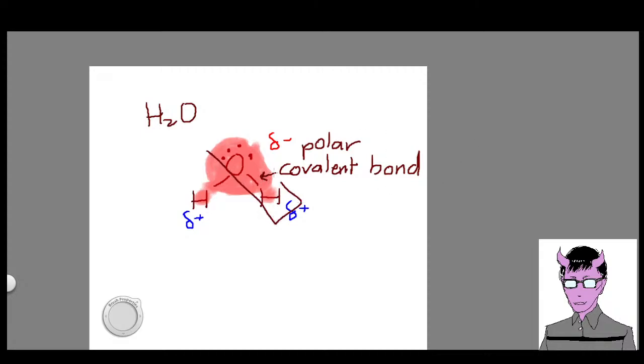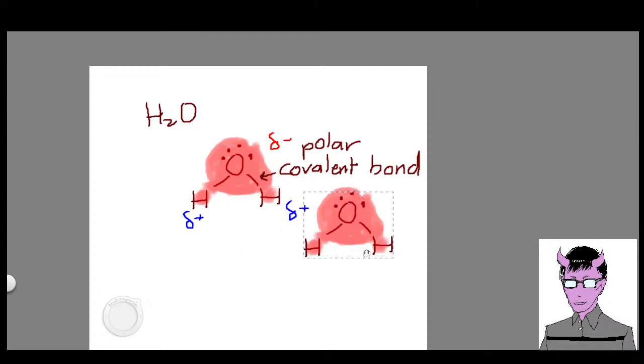Alright, and because this is a polar covalent bond, it behaves like a magnet, which is relevant if you have another water molecule. So suppose we have water molecule number 2, which also has the partial charges on that one.